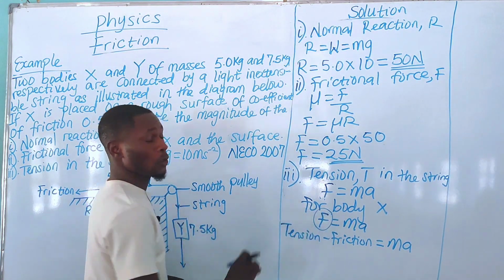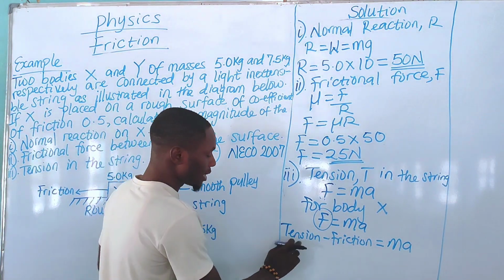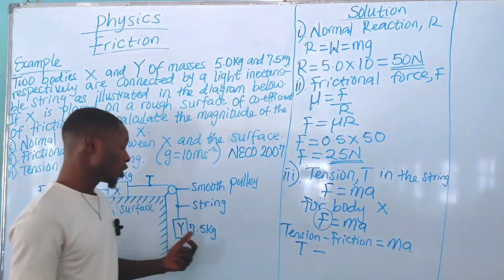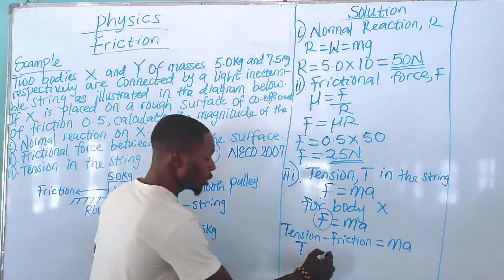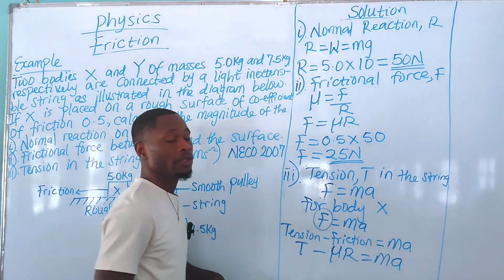So that is the force for body X. Okay, so if that is so, I can denote my tension to be T minus my friction. Of course, we know that frictional force is equal to mu R, to be equal to mass times acceleration.